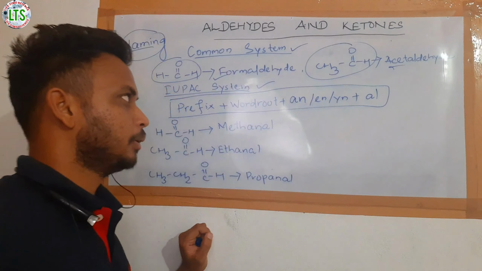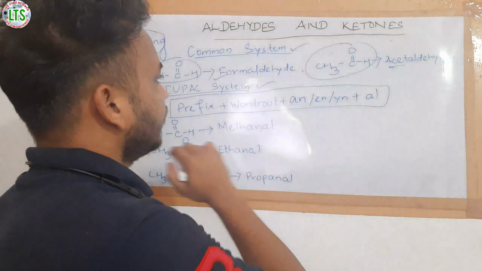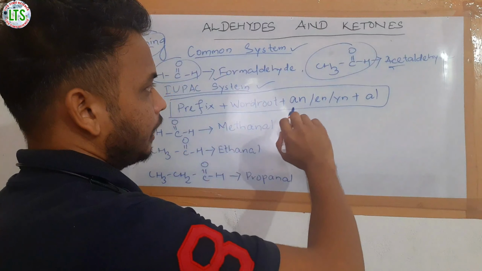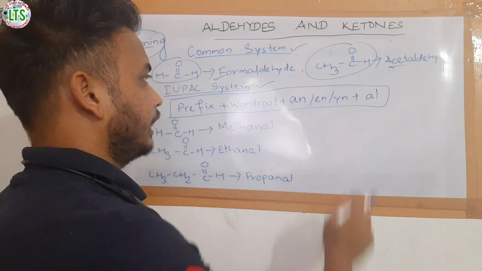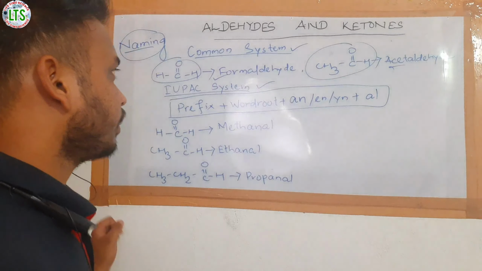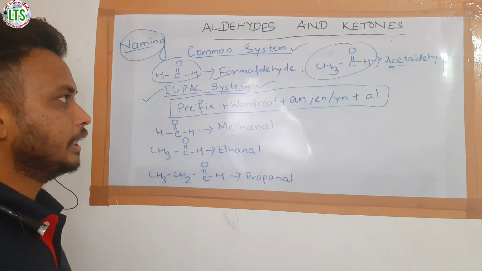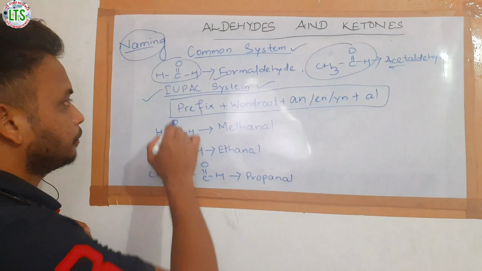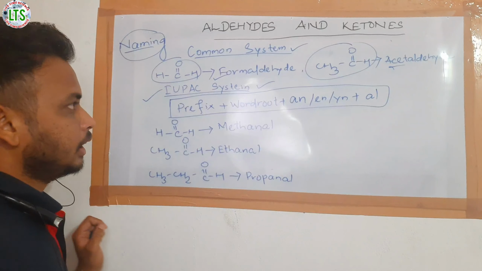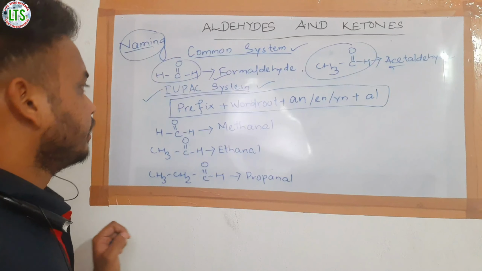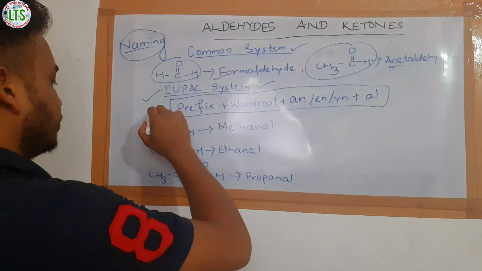The aldehyde containing 4 carbon atoms is called butyraldehyde, and like that. But IUPAC naming is important because it follows a definite procedure.